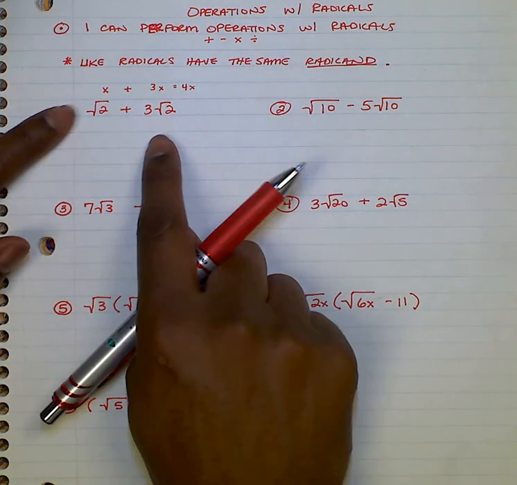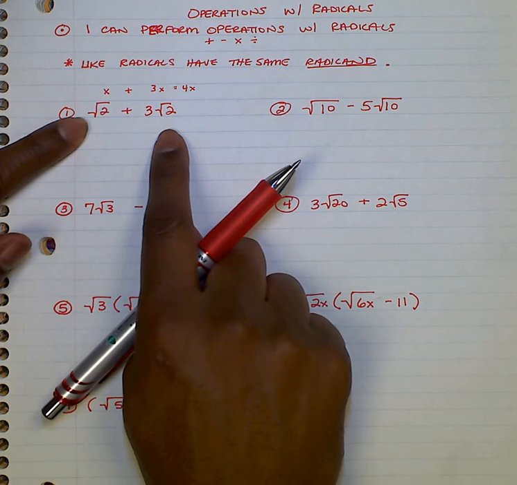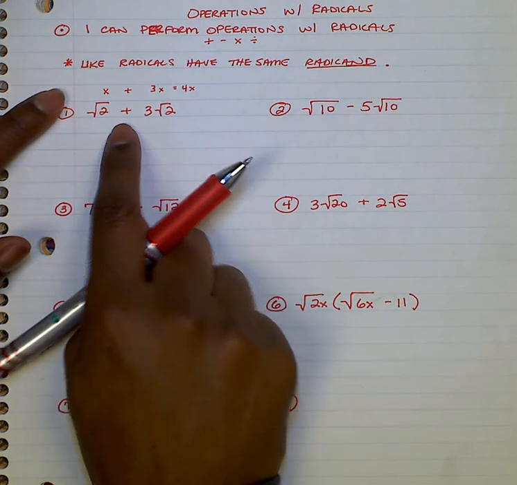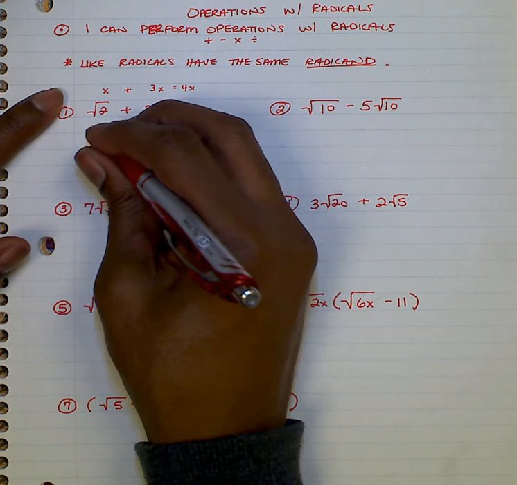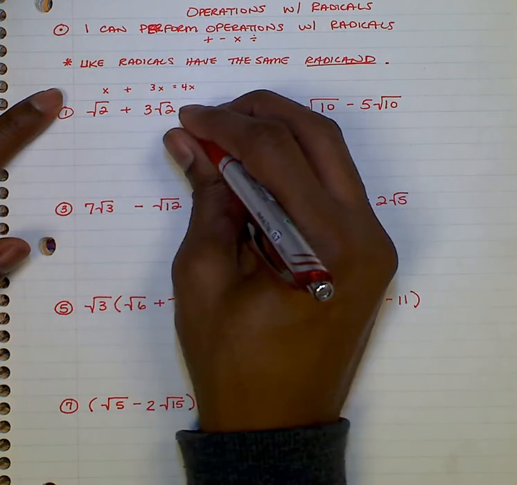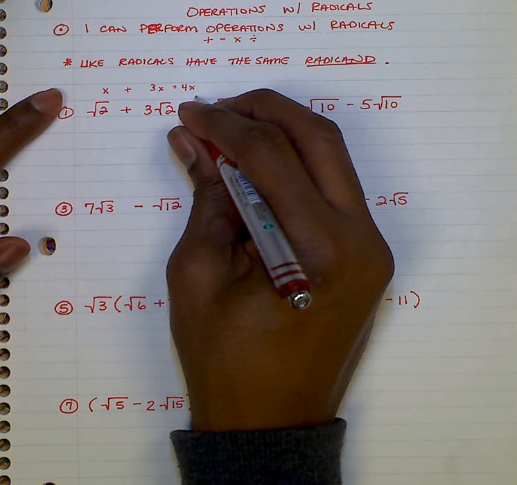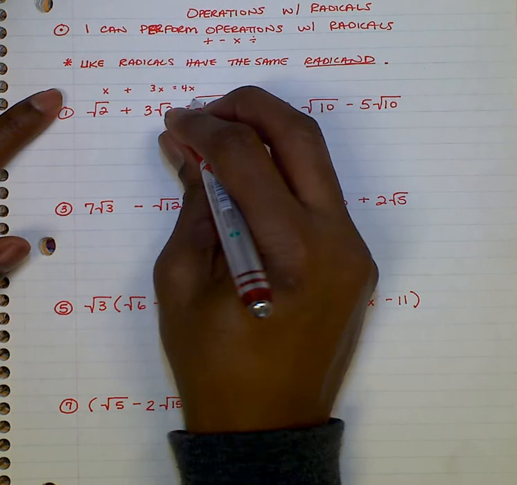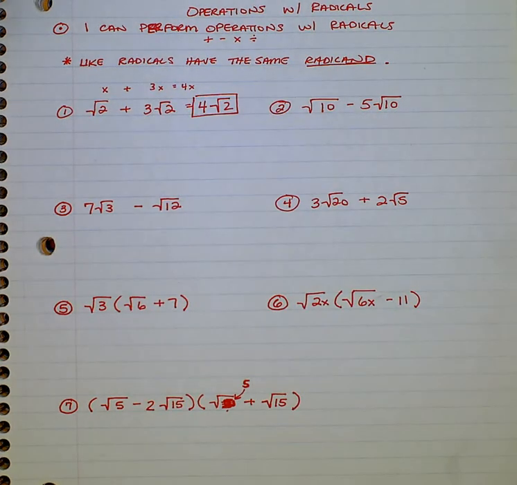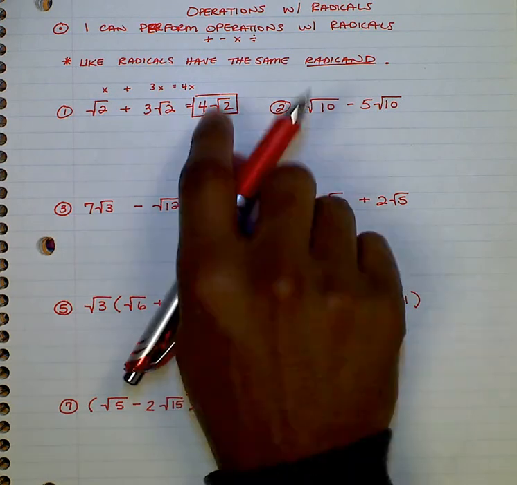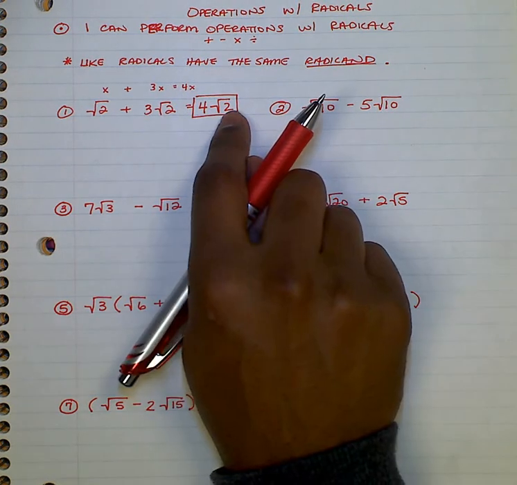If I say radical 2 plus 3 radical 2, I have 1 radical 2, add 3 radical 2's to it, I have 4 radical 2's. That's my final answer. Always check to make sure that these radicals are simplified, but in this case it is.